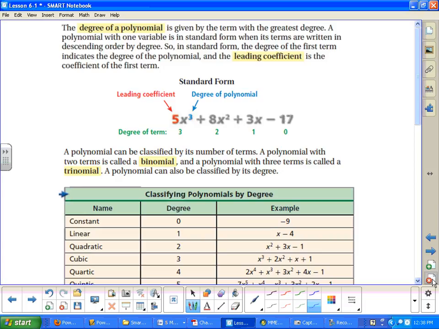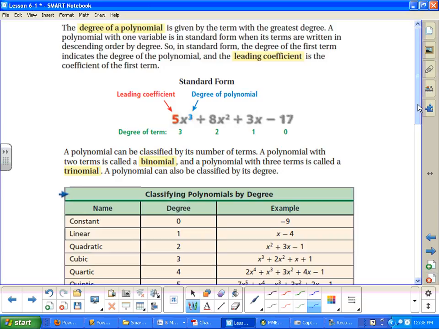The leading coefficient then is the number in front of the one with the largest degree, so that would be 5. And then we talked about how many terms there are. So this one has 1, 2, 3, 4 terms. So I would say this is a cubic polynomial because the degree is 3 with 4 terms. Cubic polynomial with 4 terms.